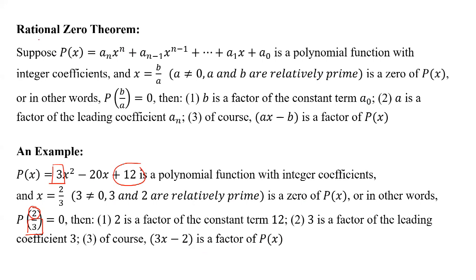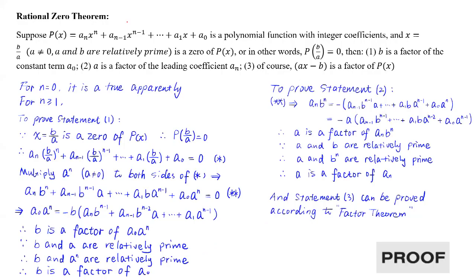Okay, so the rational zero theorem can also help us to find the first simple factor of a given polynomial. Because we are running out of time, I'm not gonna prove this theorem for you. You can check the proof for this theorem after the class by yourself, okay?